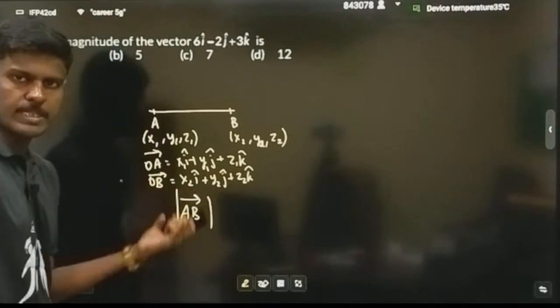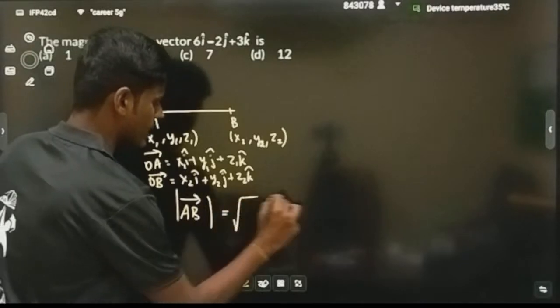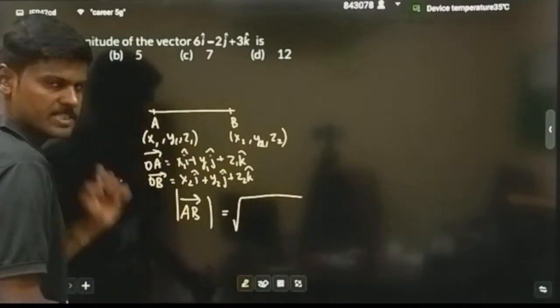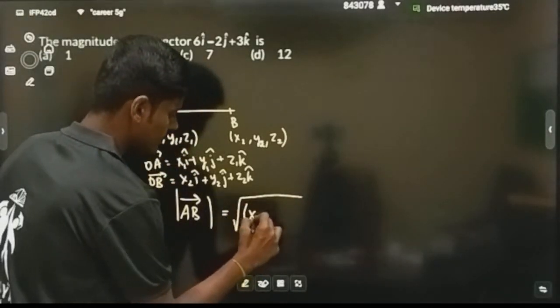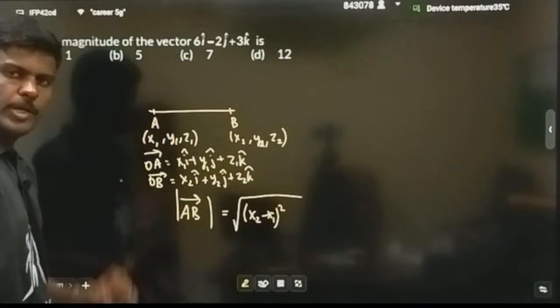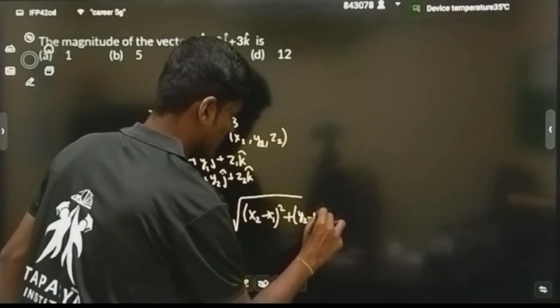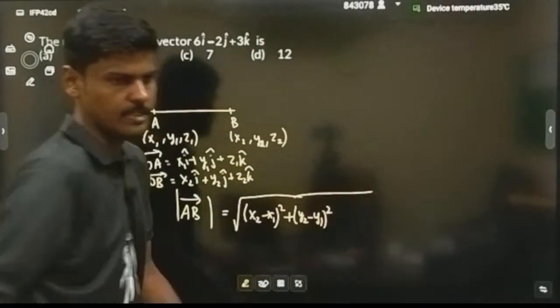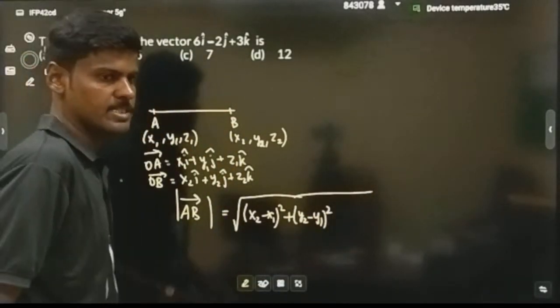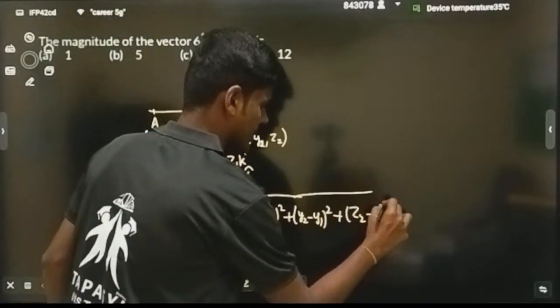It is given by the square root of (x2 minus x1) whole square plus (y2 minus y1) whole square, just like the distance formula you have already learned in class 11, plus (z2 minus z1) whole square.